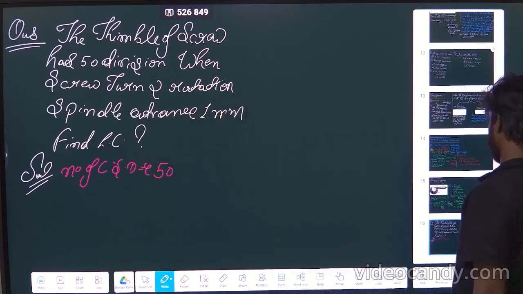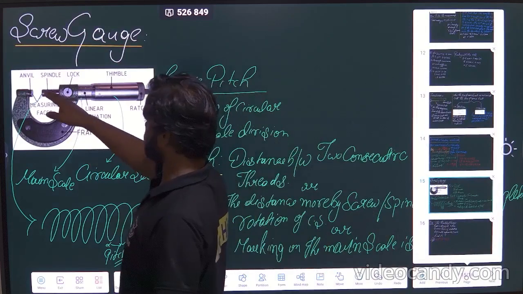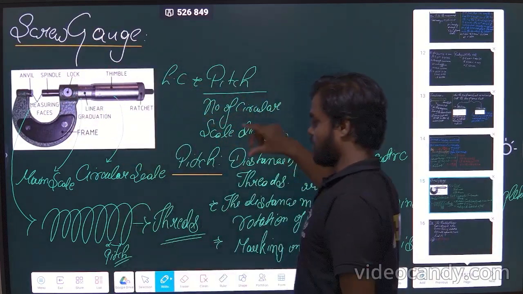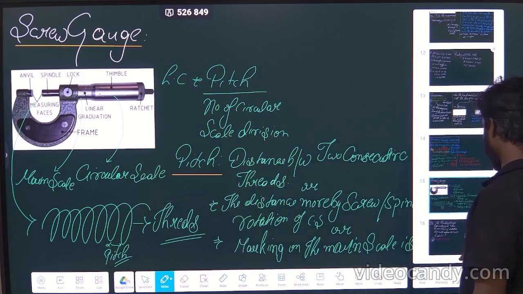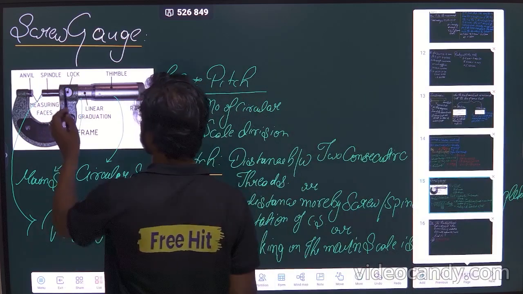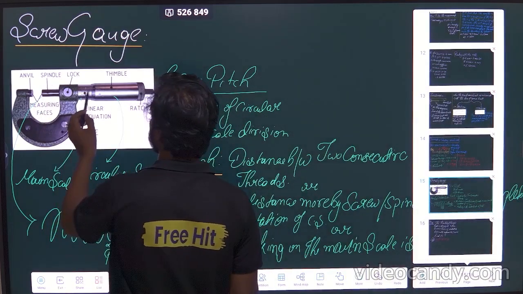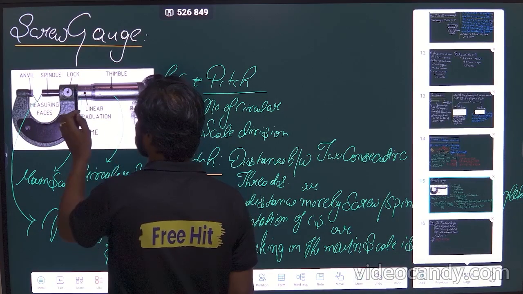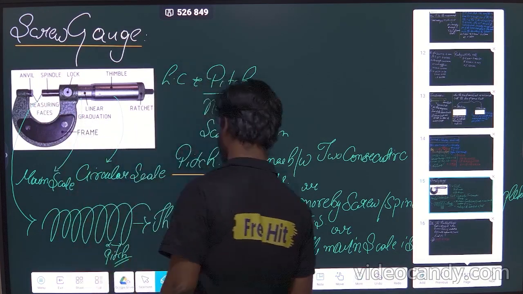When the screw turns 2 rotation, the spindle advances 1 mm. See, this is not a spindle, it is a screw. Something naming is wrong here.